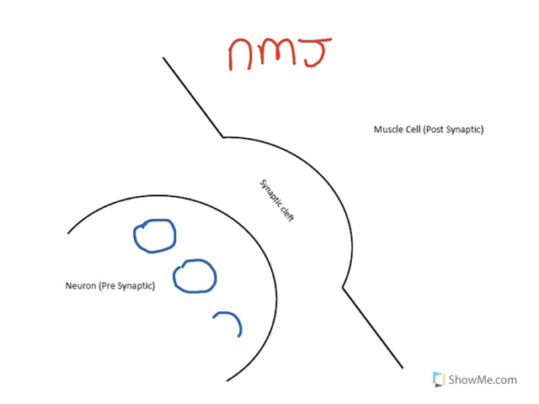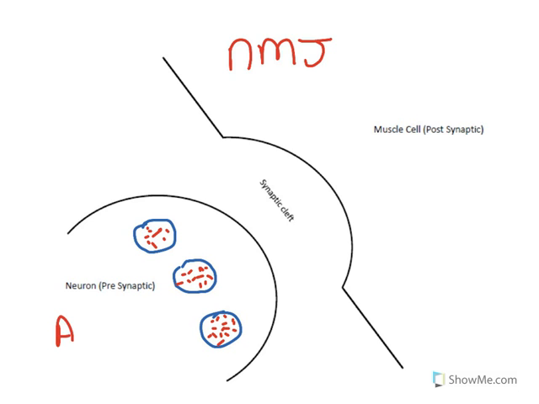We have presynaptic vesicles in here that contain neurotransmitters, the red dots. Neurotransmitters are chemical messengers used to communicate between two cells. The particular one here is called acetylcholine, the neurotransmitter in the neuromuscular junction.